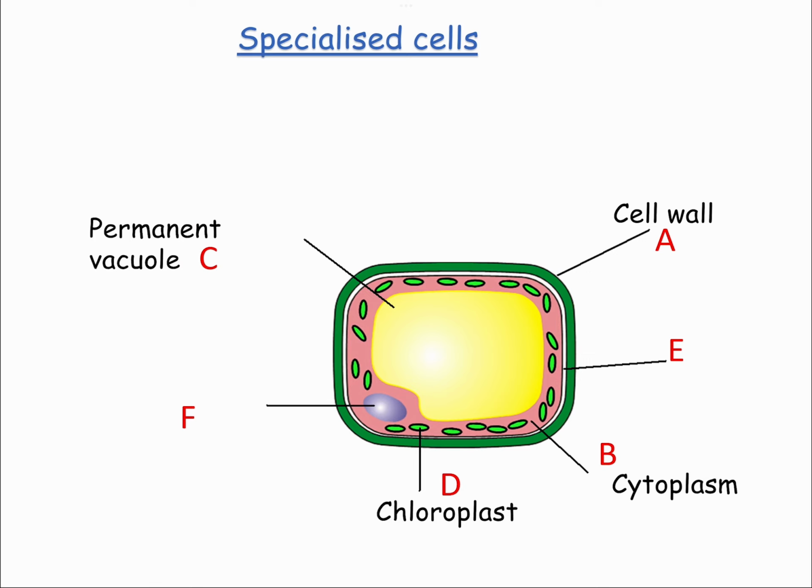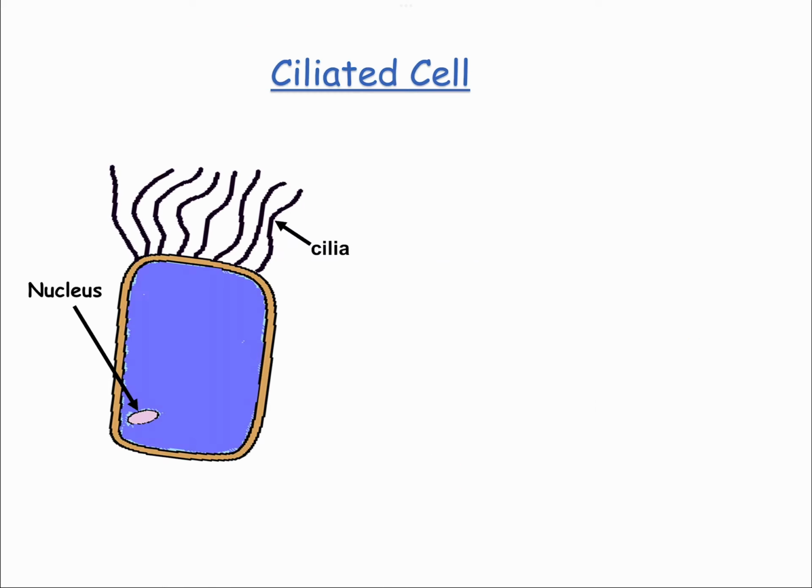This is where photosynthesis takes place in the cell. E is the cell membrane, and the job of the cell membrane is to control what enters and leaves the cell. And F is the nucleus, and that's where genetic material is contained.